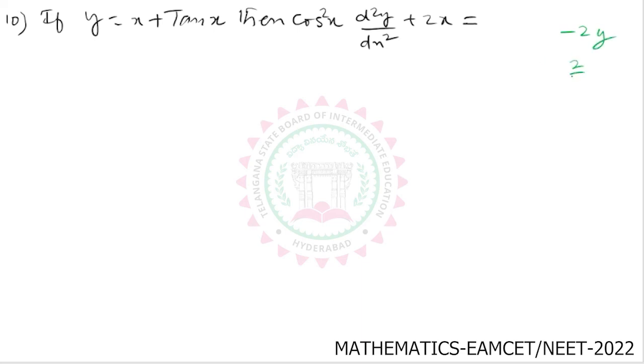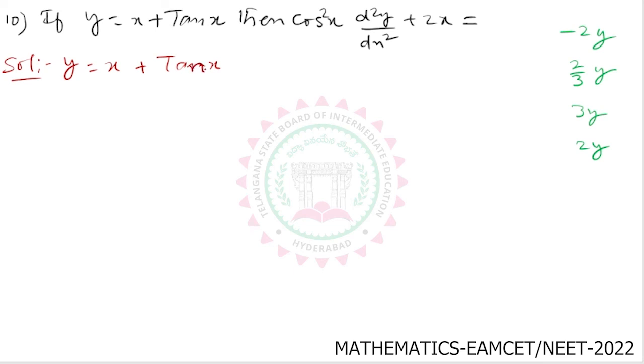Second option is 2 by 3y. Third option is 3y. Fourth option is, okay. Now come to the solution. What is given? y equal to x plus tan x.